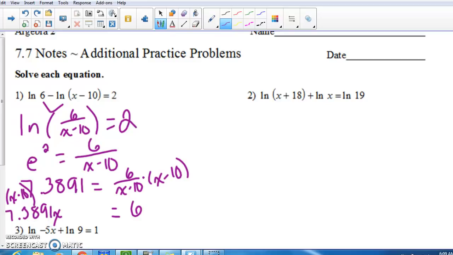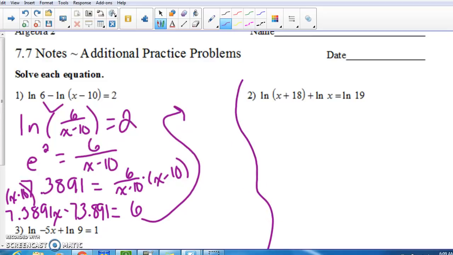So I have 7.3891x minus 73.891. Run out of room. Okay, then I have to keep solving from there. So my next step is to add 73.891 to both sides.